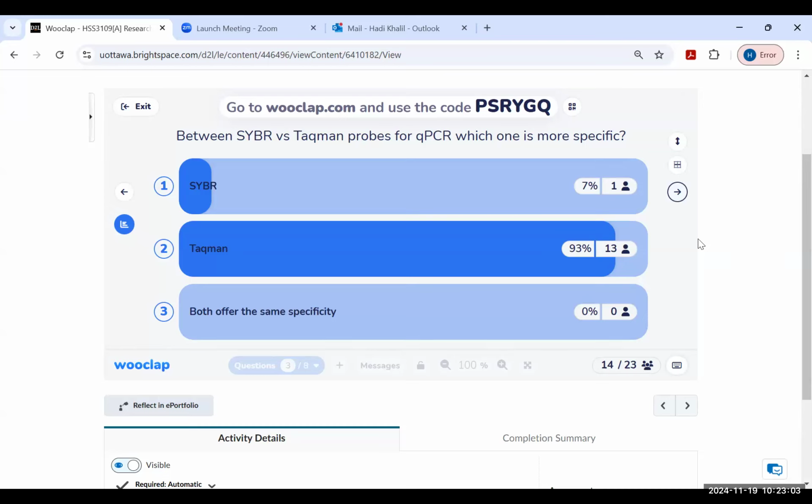On the other side, with SYBR, you rely on the specificity that comes from the primers only. So if the primers bind somewhere similar to that gene, it is not going to be as specific. That's why TaqMan is more expensive, more specific. SYBR is less expensive, less specific.